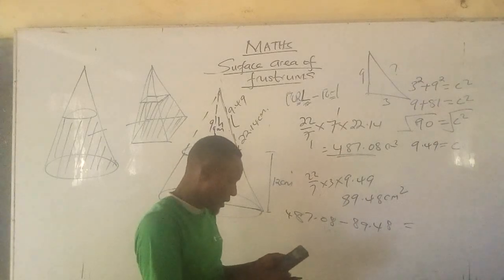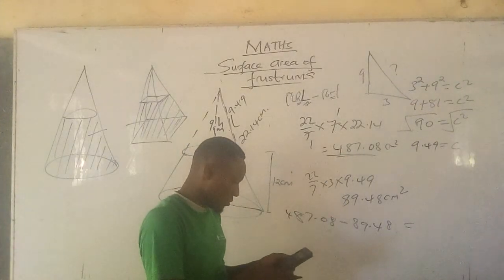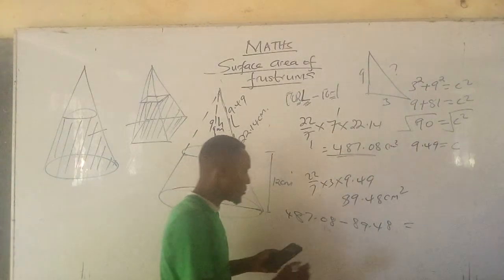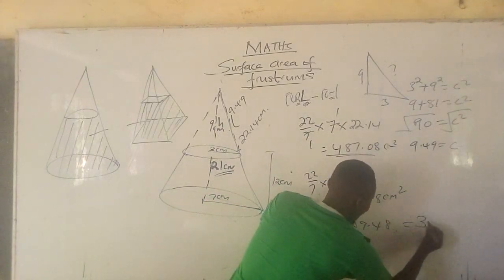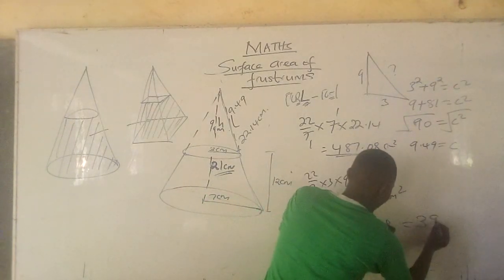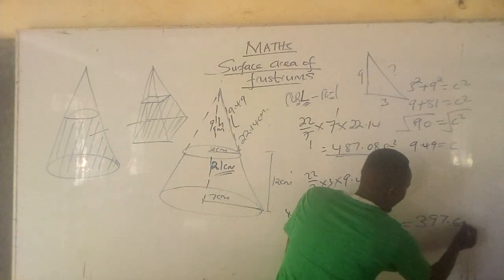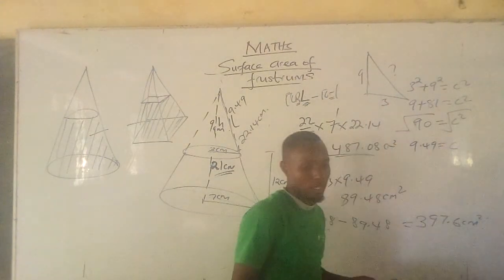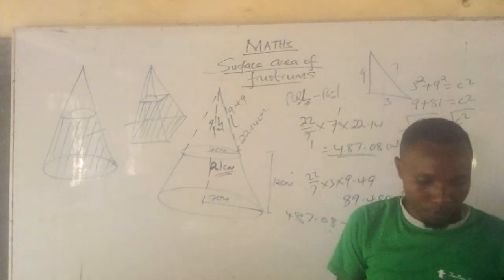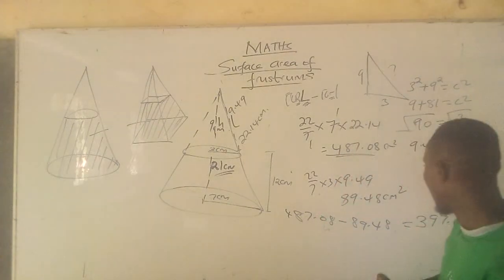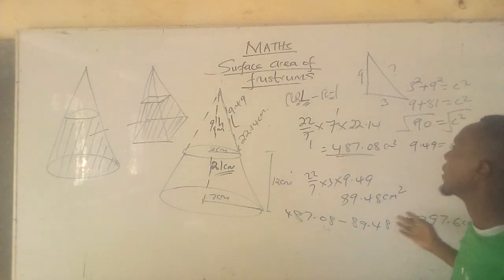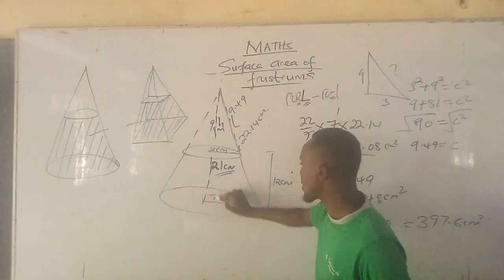The answer becomes 397.6 centimeters squared, and that becomes our area of the frustum here.